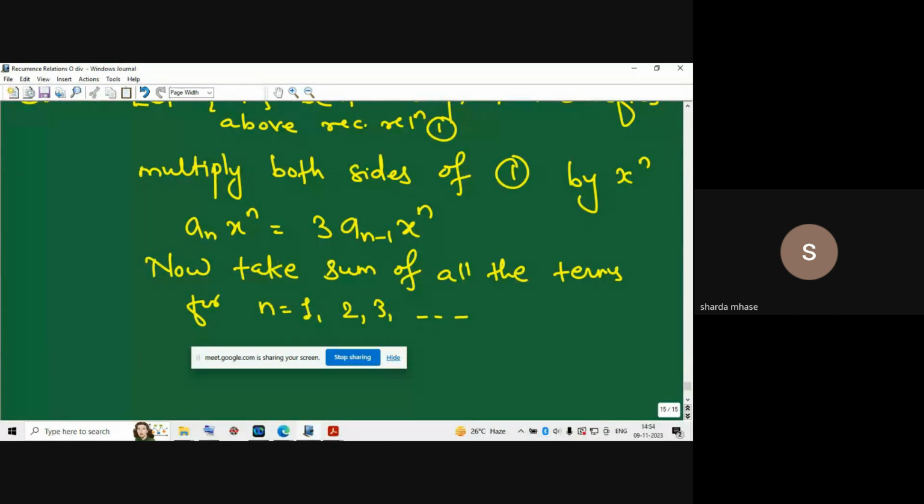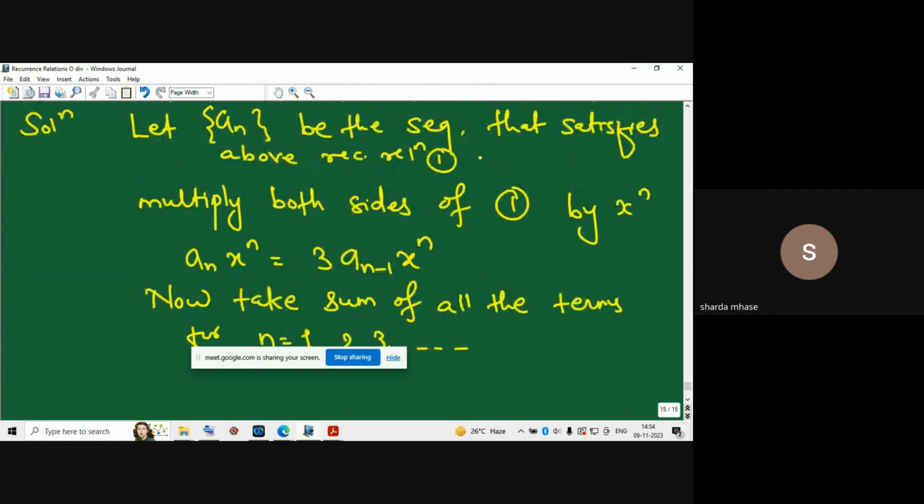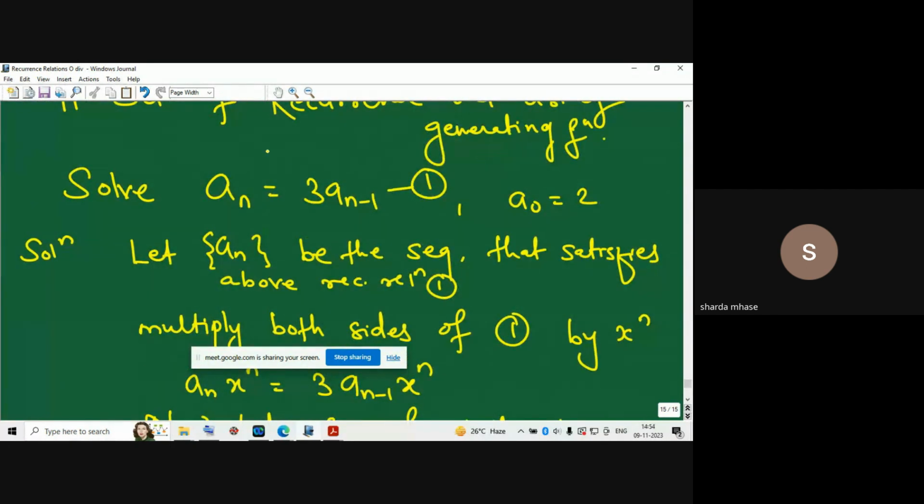Purposely I am not writing n equal to 0 right now. I am saying take the sum of all the terms for n equal to 1, 2, 3 and so on, because the relation given here is valid for n greater than or equal to 1.